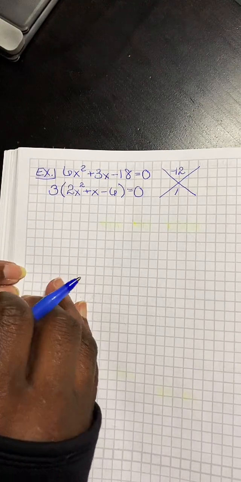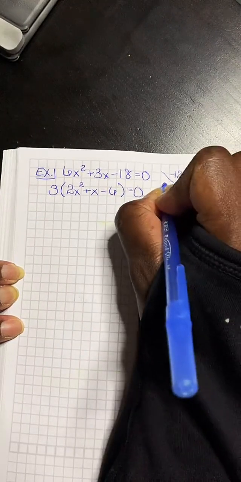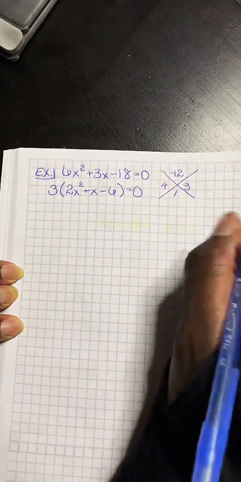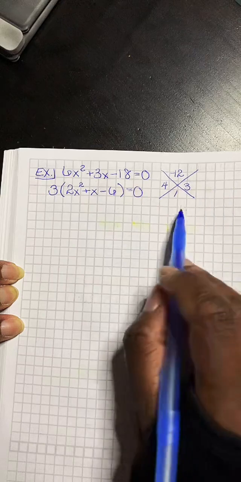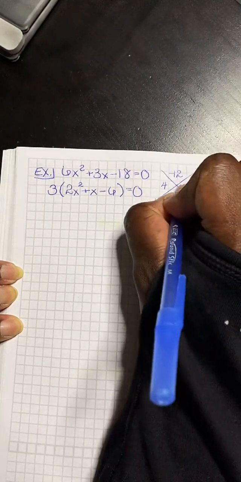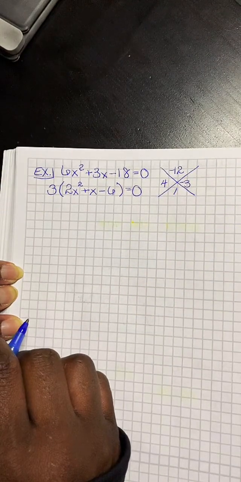All right. So if we say 4 and 3, the one that needs to be negative to get me a positive 1 will be a negative 3.